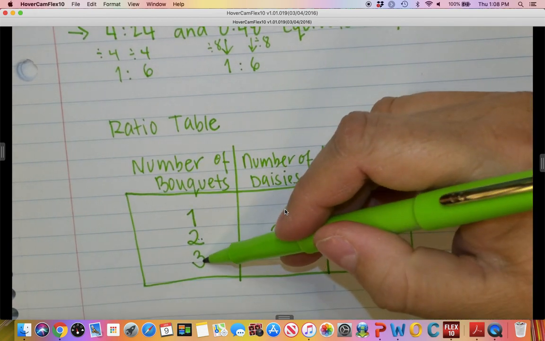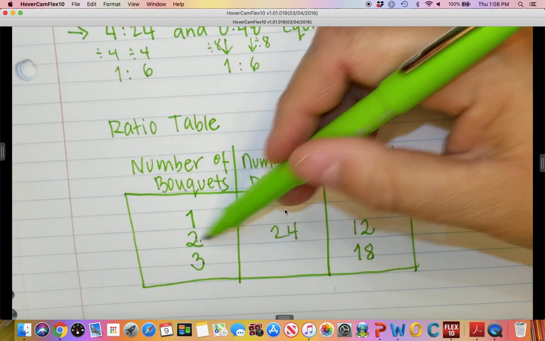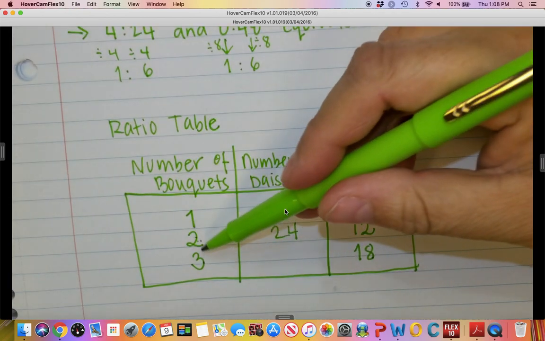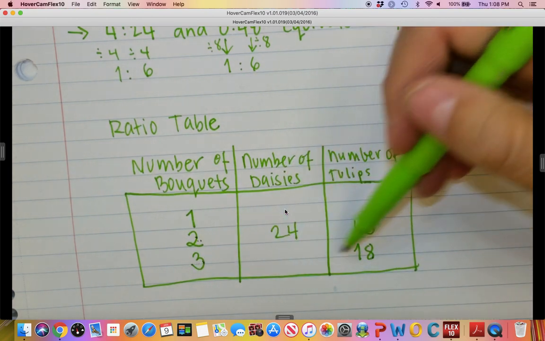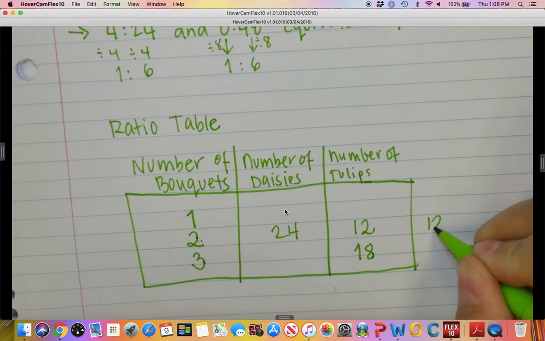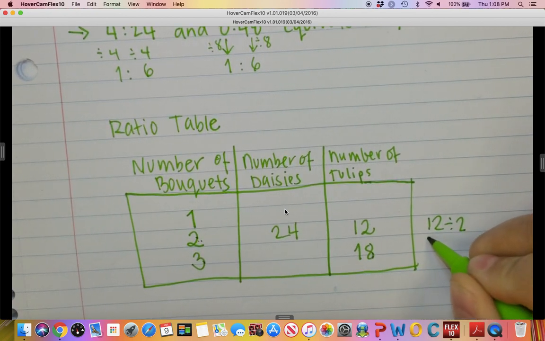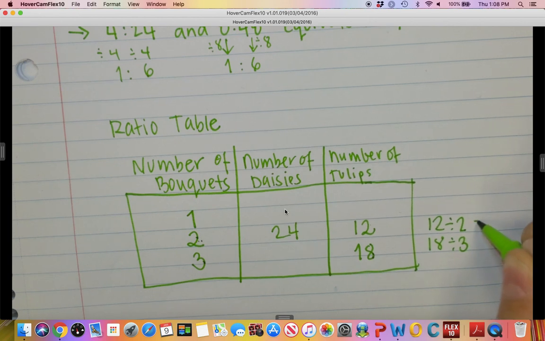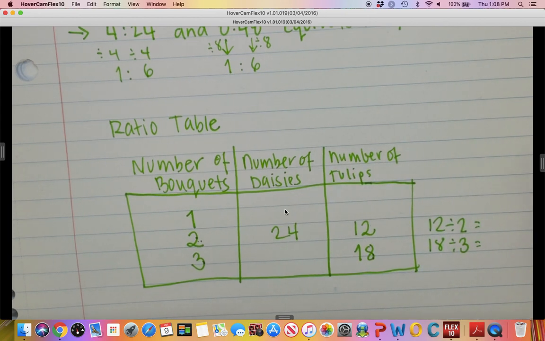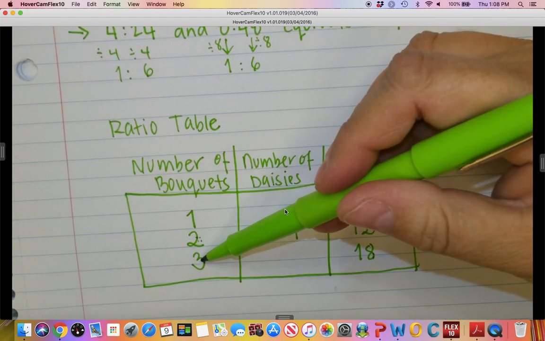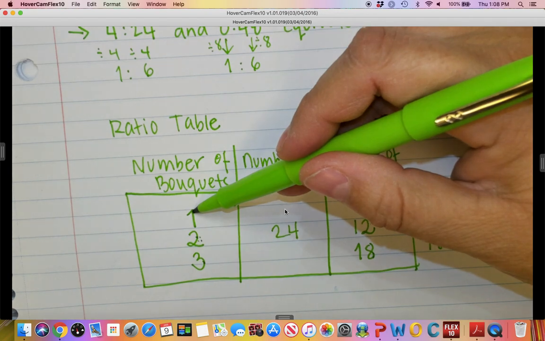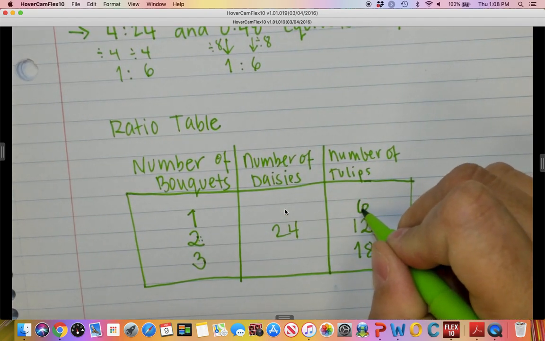What am I doing to 3 to get 18 and 2 to 12? What am I doing to 2 to get 12 should be the same thing of what I'm doing to 3 to get 18. So 12 divided by 2 and 18 divided by 3 should give me the same answer. 12 divided by 2 is 6. 18 divided by 3 is 6. So I'm multiplying 2 by 6 and 3 by 6. So that means 1 times 6 gives me 6 tulips.